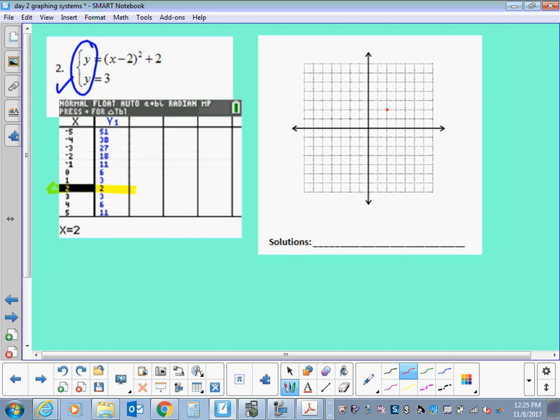So 2, 2, and then 1, 3, 3, 3, 0, 6, and 4, 6. All I did was just get some points. I got some points and I graphed my parabola.